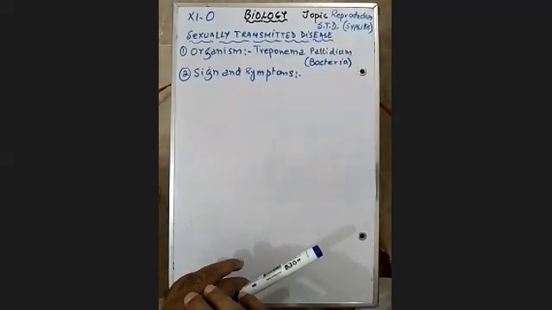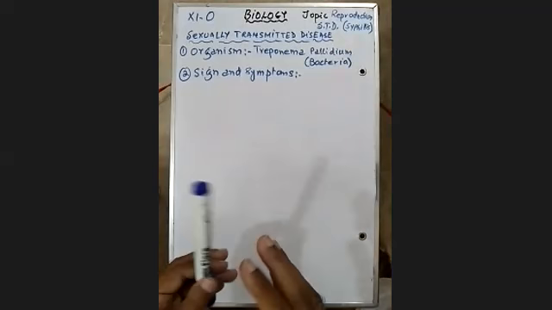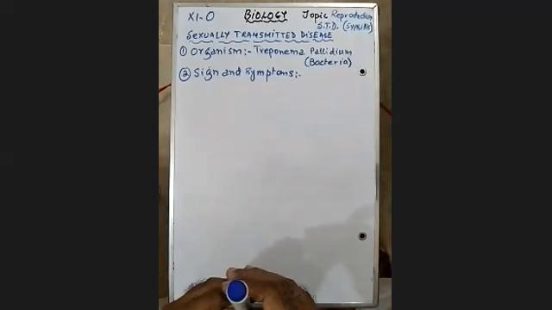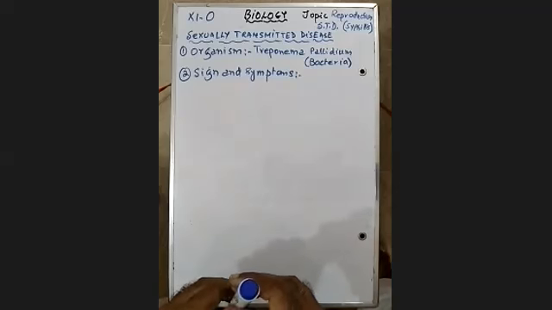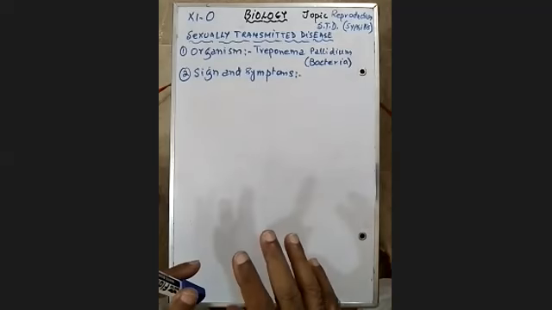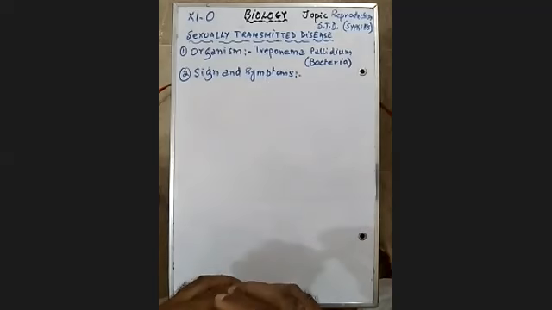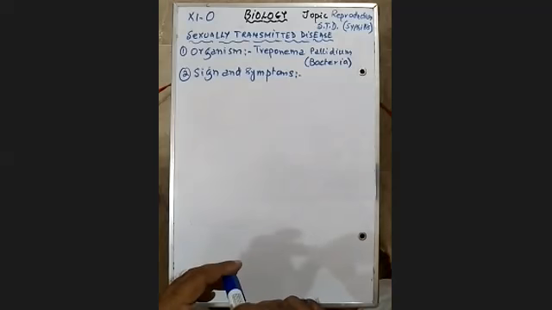And the second step, signs and symptoms are asked. What are the signs and symptoms of syphilis? Now the question is, what is a sign and what is a symptom? A sign of a disease can be observed or measured.